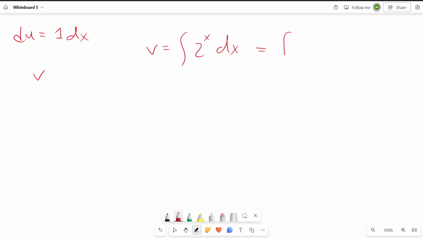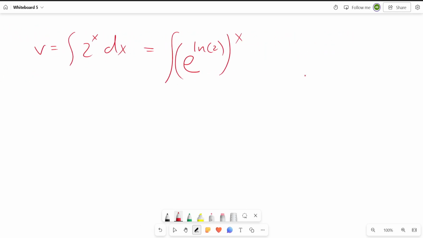Instead of 2 power x, we will write it as e to the power of ln of 2, all to the power of x. What did I do here? I know that e to the power of ln of anything like a is basically equal to a, because e and ln cancel each other out.